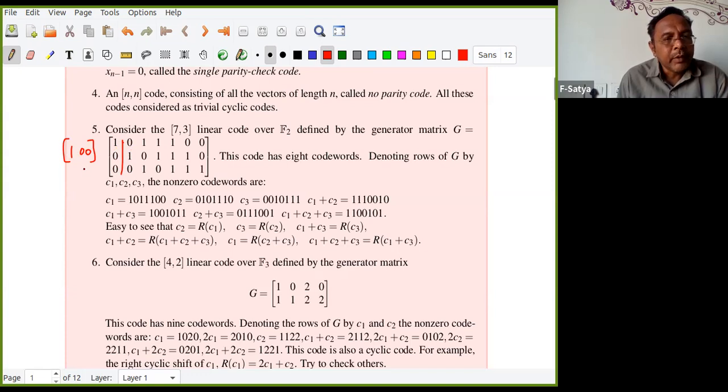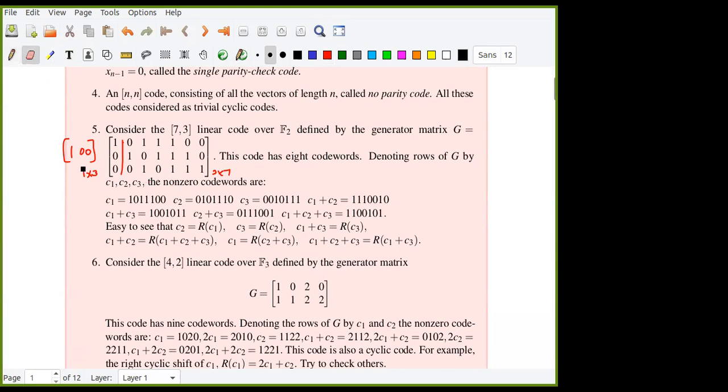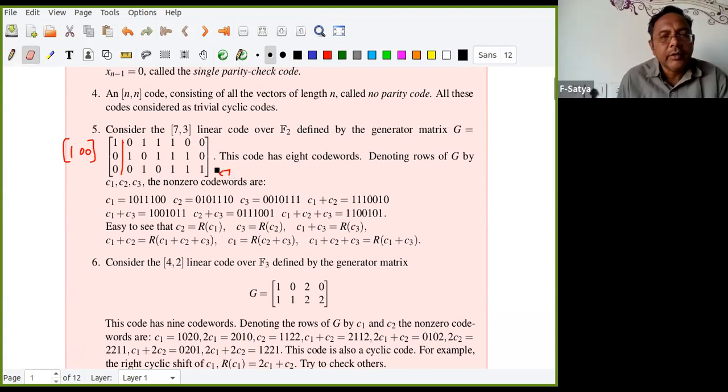This is a 1 by 3 vector and this is a 3 by 7 matrix, so I get a 1 by 7 vector. Which vector do I get? The first row. Easy, right? You know this. So I take different vectors. What are we actually doing? We are adding rows or keeping them as they are. So 010 will give the second row, and 001 will give the third row.